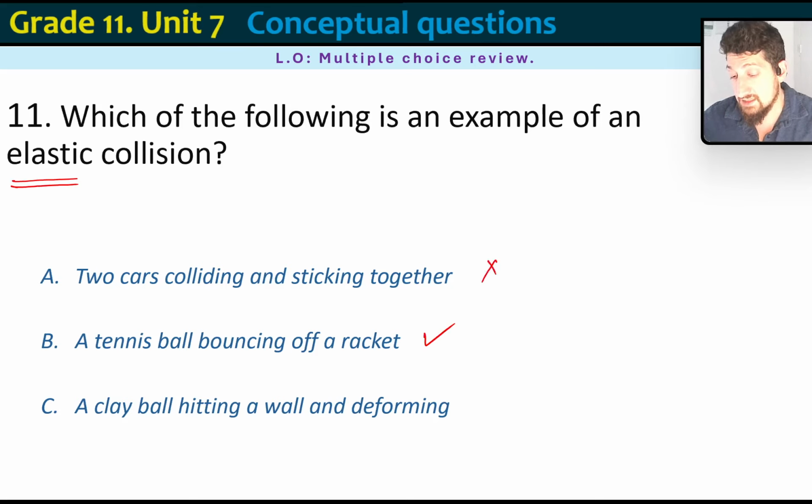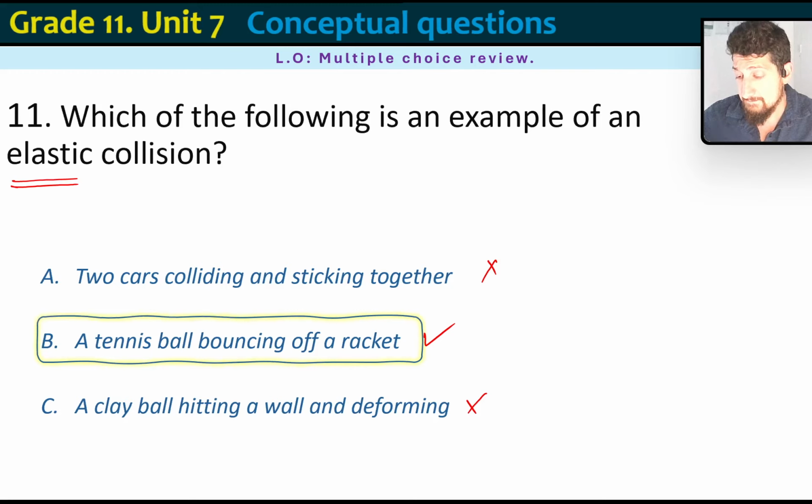This is inelastic, because obviously a clay ball hitting a wall, I'm assuming that's going to stick to the wall. So the only one where it's actually obviously elastic is the ball bouncing off a racket. Don't worry, I'll make it more obvious in the exam if I ever bring any questions like this.